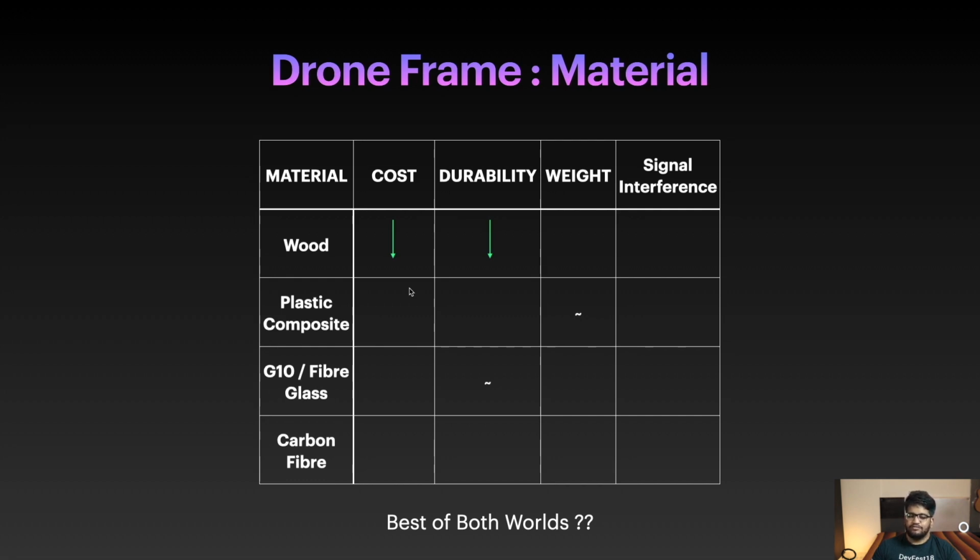I also want to mention here that when I talk about durability, it's not only the frame durability, but also the protection the frame provides to your electronics. So basically, what is a drone frame? It is nothing but a house for all your drone electronic components, and if the frame is not durable, it will break very easily. There are high chances that it will also break your components.